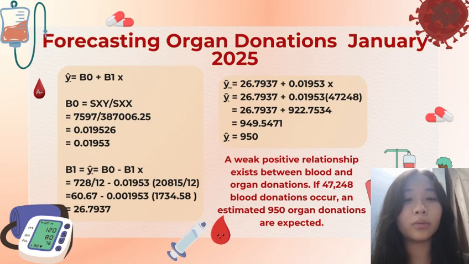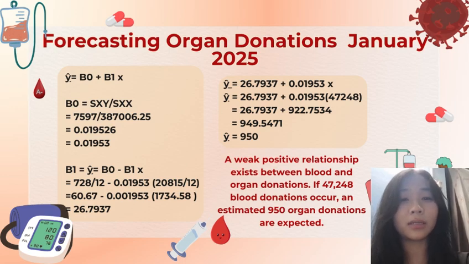To forecast January 2025, we substitute x equal to 47248, and y will be equal to 26.7937 plus 0.01953 times 47248. The last answer will be equal to 950.